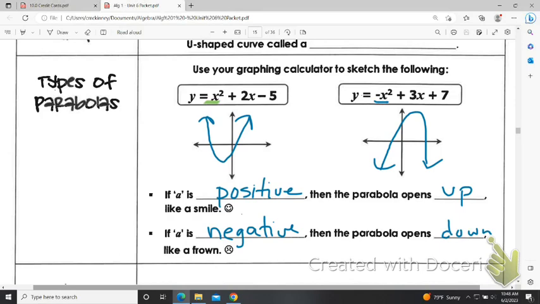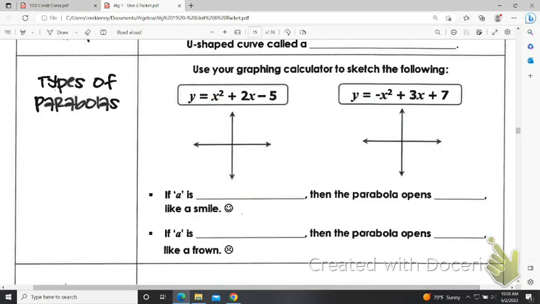It's kind of like when I know that the slope is positive, I know it goes up from left to right. If I know the slope is negative, I know the line, when it was a straight line, is going down from left to right. So this just gives us very basic information, and we'll see what else we're going to be able to figure out.